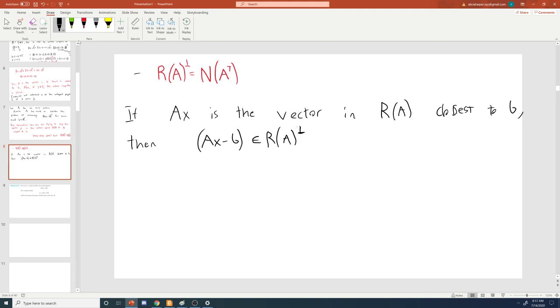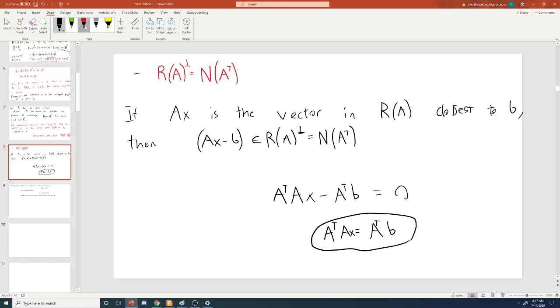Consequently, it has to live in the null space of A transpose, which means A transpose times AX minus A transpose times B has to be equal to 0, which is the same thing as A transpose A times X is equal to A transpose B.